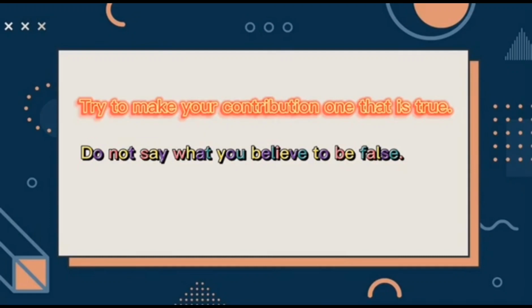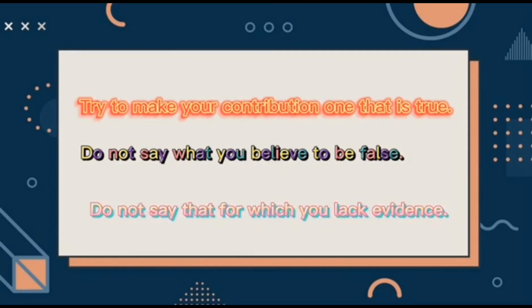Avoid stating information that you believe might be wrong, unless there is some compelling reason to do so. If you do choose to include it, then provide a disclaimer that points out your doubts regarding this information. Second, do not say that for which you lack evidence. Avoid including information that you cannot back up with supporting evidence. If you do choose to include such information for some reason, provide a disclaimer that points out your doubts.